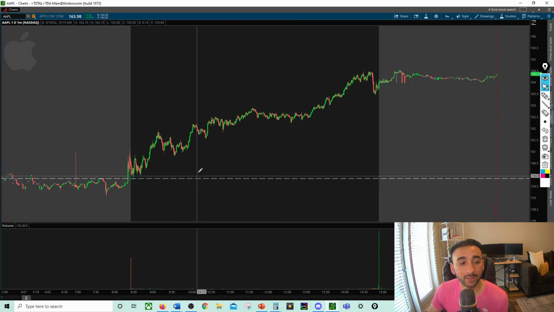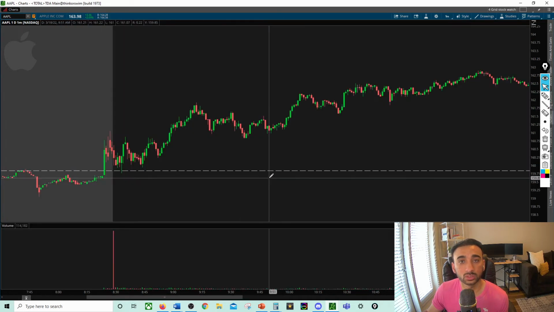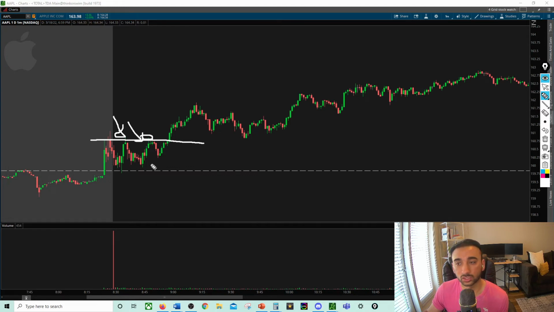When the stock goes up, a lot of people short the stock. A lot of people do, oh, it's up so much, I'm going to short, okay? And their stop is right above this level, the high of the day. Well, what happens is it blows past their stop, okay? So now they're in red. All the short sellers are red on the trade because they have shorted the stock, right?